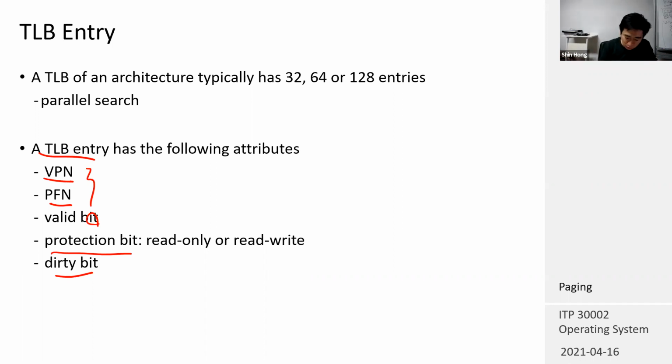And typically the TLB of a computer architecture has 32 entries or 64 entries, and if it is big, 128 entries exist. They're relatively small, right? Once we compare it to the size of a page table. Yeah.